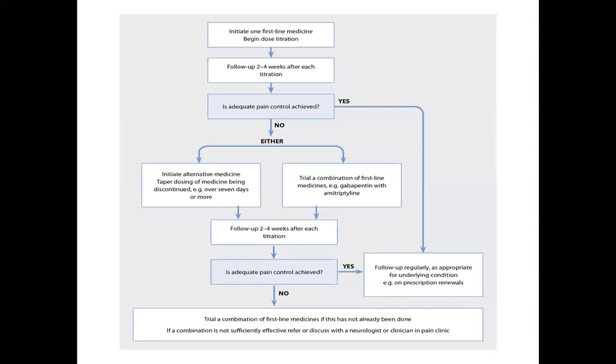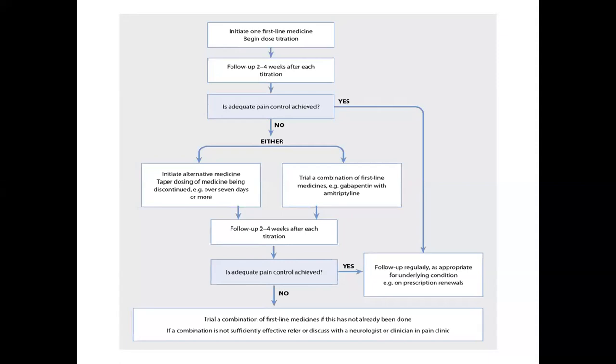Now, how do we approach this? It's tricky when you're dealing with neuropathic pain because of the way it behaves. One, unlike nociceptive pain, the initiation of action by the meds that you use, for them to get to maximum serum levels of the drugs and then for them to have maximum effect, takes a long time.